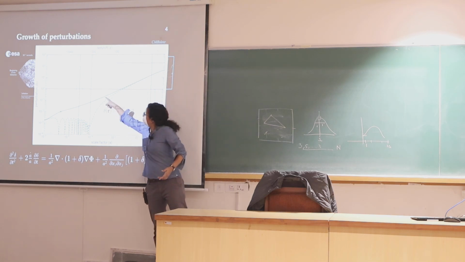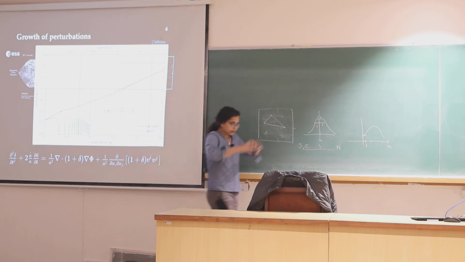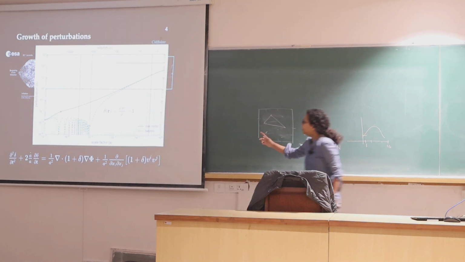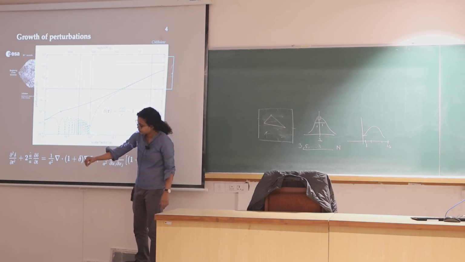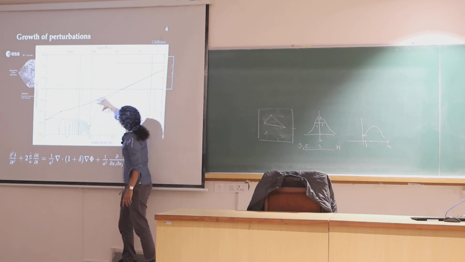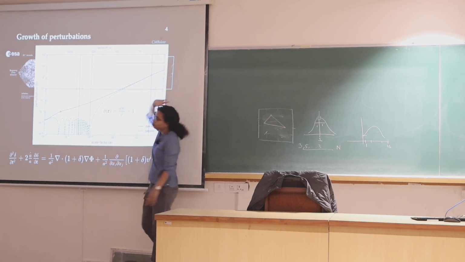So the dark matter potential was there, and the baryons just started following the dark matter, catching up with the dark matter and growing. This perturbation amplitude grows. This is a linear thing. You can see that where there is an overdensity, the perturbation amplitude grows, meaning the overdensity grows, and it continues to grow.